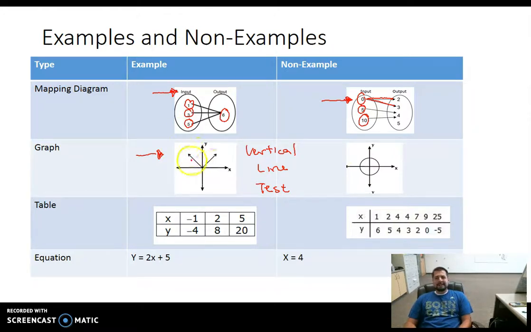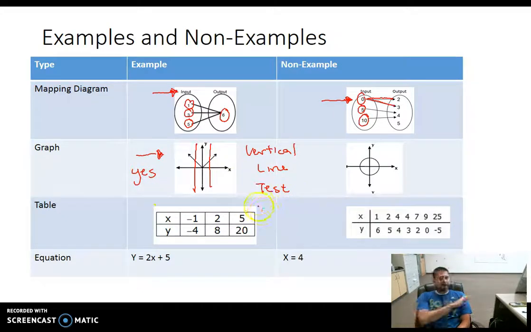The vertical line test says this: if there is a place anywhere on the graph that I can draw a vertical line, straight up and down is vertical, and it touches the graph more than once, in other words, not the x and y axis, we don't include those, but besides those, this function right here that we're looking at, if it only touches that once, then yes, we do have a function.